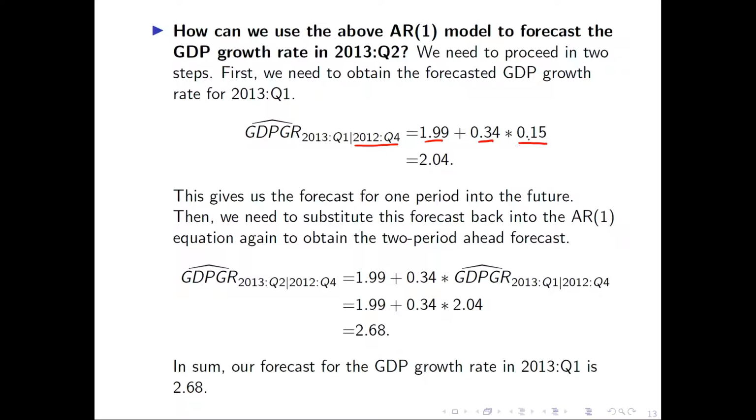If we plug in 0.15 in our model, we get a forecast of 2.04 for the growth rate in 2013 quarter 1. That is a forecast 1 period into the future. So by our model, our estimate for the GDP growth rate in 2013 quarter 1 is 2.04 percent.